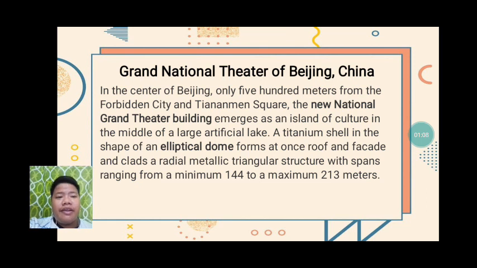The building emerges as an island of culture in the middle of a large artificial lake. A titanium shell in the shape of an elliptical dome forms at once roof and facade and clads a radial metallic triangular structure with spans ranging from a minimum of 144 to a maximum of 213 meters.